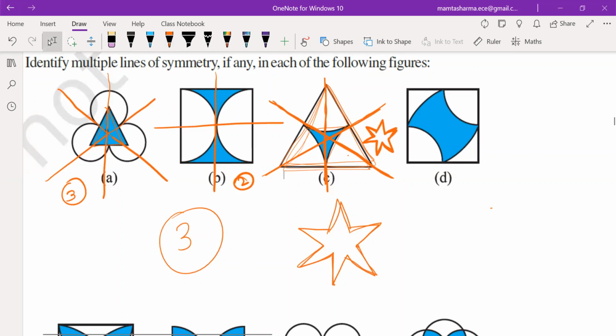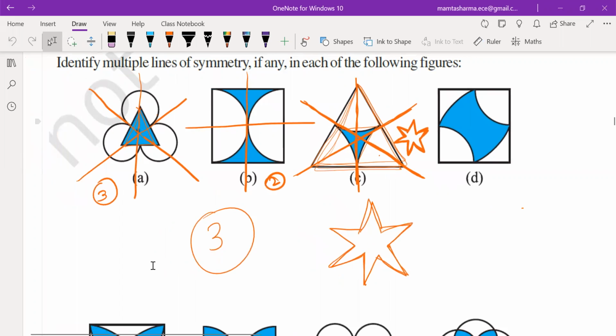I'll take the star shape. Wait. Yes. Sure, Pranav.